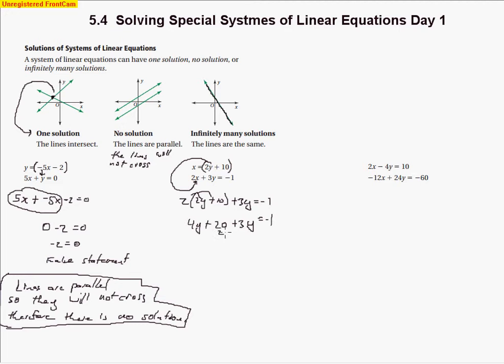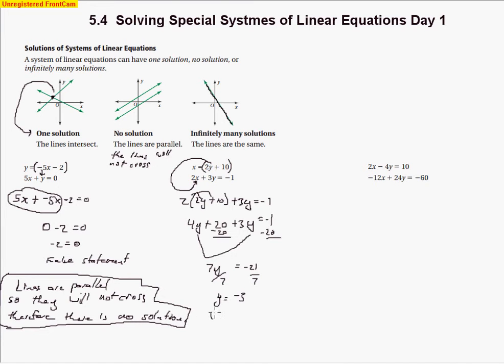So I'll go ahead and subtract that 20, and right away, when I collect these two terms, you see the variables did not cancel. So when the variables don't cancel, that means we do have a solution. And so when I solve further, I'll find out what the y component of that solution is, negative 3.